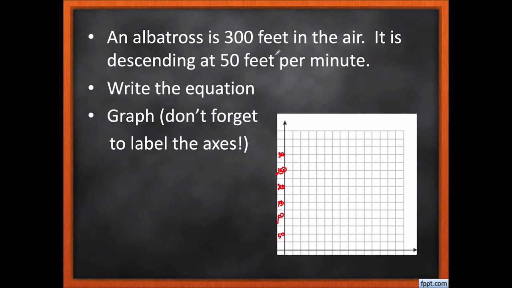So you would start here at 300. You're going to go down 50 to the right 1, down 50 to the right 1, down 50 to the right 1, down 50 to the right 1.